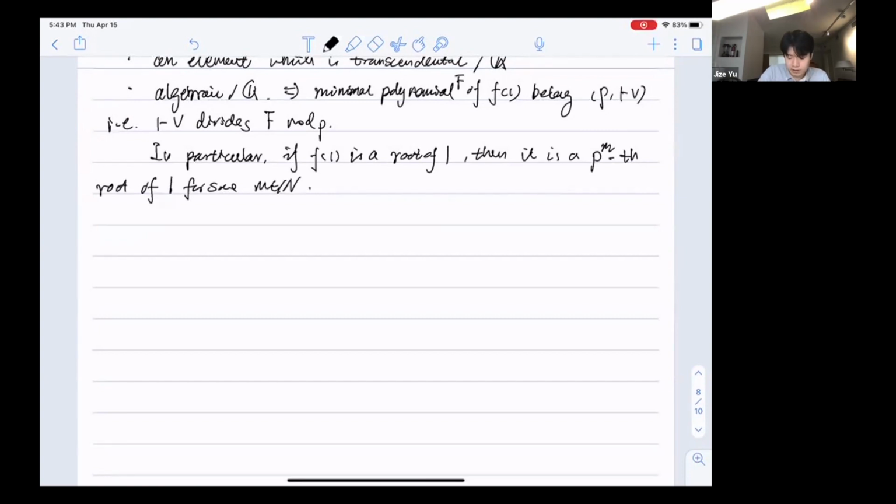This is because the cyclotomic polynomials are divisible by 1 minus v modulo p.